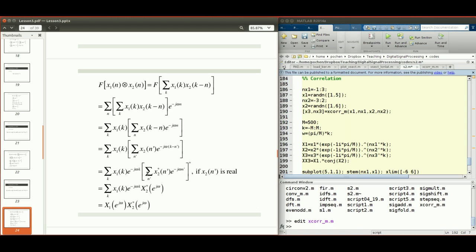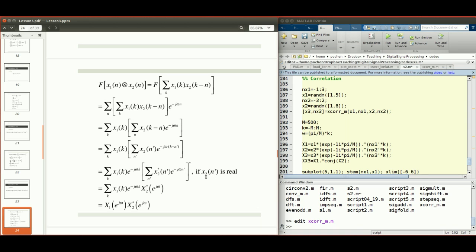If you put this conjugation, this star, into the summation, this star and this star cancel out. It becomes x2[n prime], and then this star changes the sign of e to the minus j omega n prime, turning it into e to the positive j omega n prime, because this minus sign cancels out.